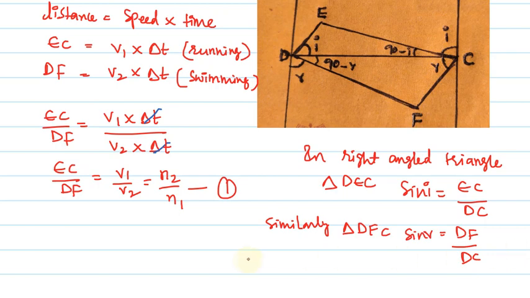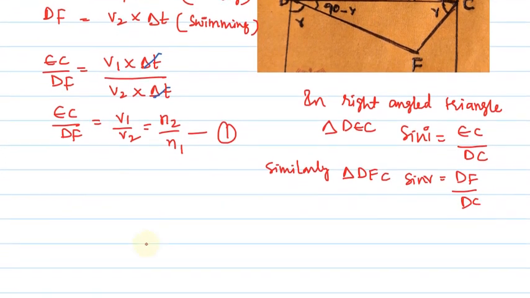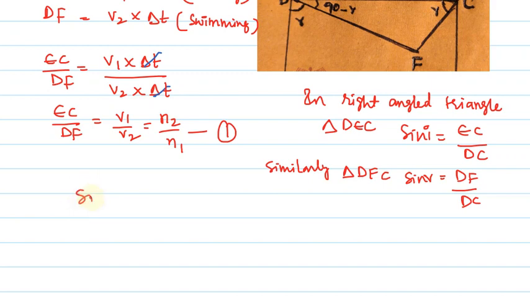Right? So now let us take sine I upon sine R. Sine I upon sine R is equal to, what is sine I? EC by DC, divided by sine R, which is DF upon DC, right?